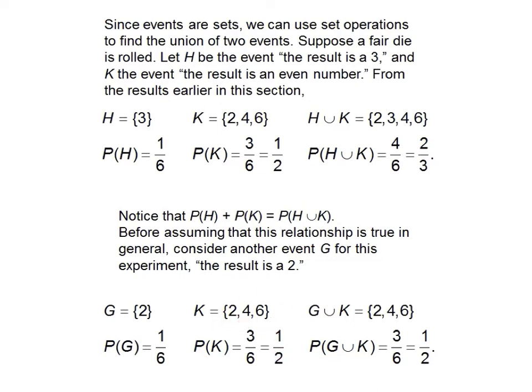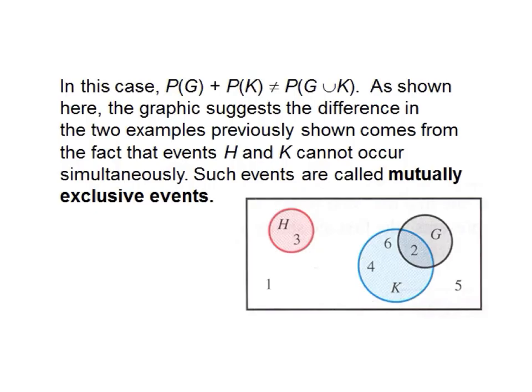When we take the union of these, we've got 2, 4, and 6, which is 1/2, because we had to take out this overlap of 2. We don't need to show that twice, so we always remove that piece. So the notation here would say you take the probability of G plus the probability of K, but it cannot be the probability of the union of the 2.